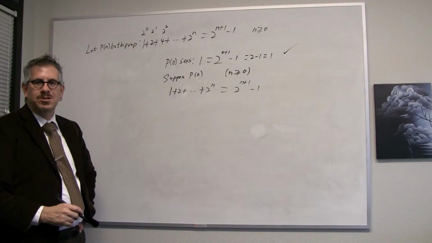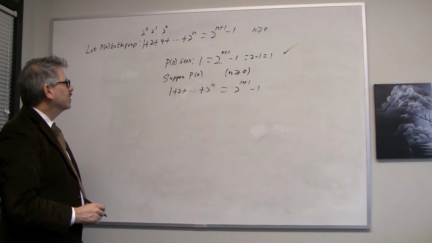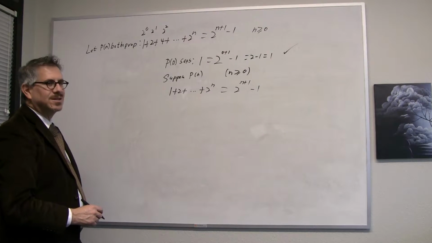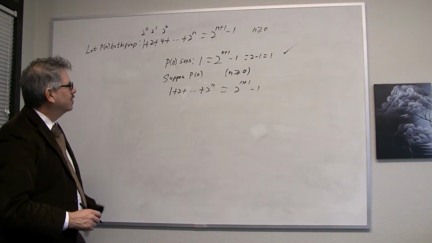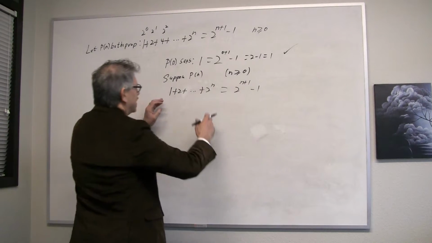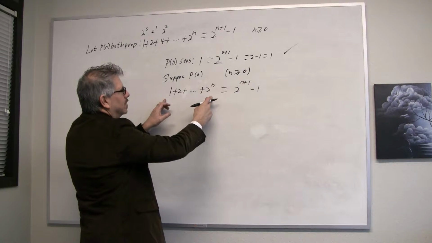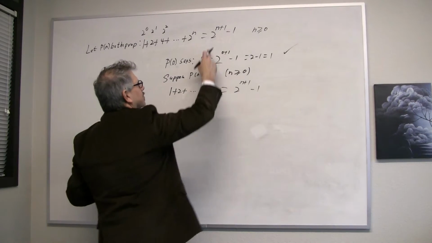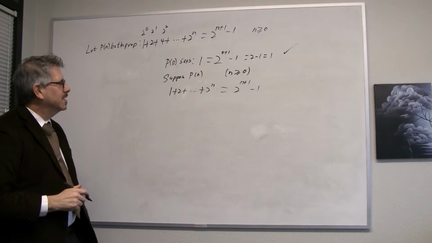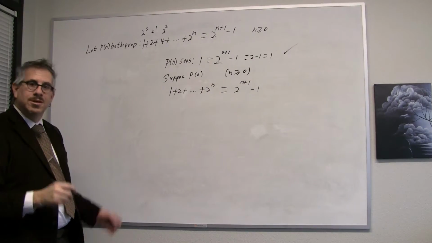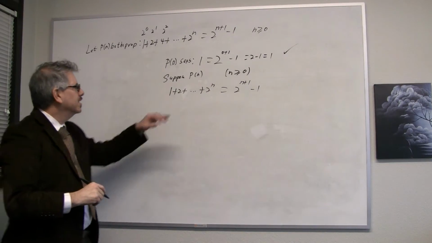And now let's just do some algebra. I'm looking for something that says P of n plus 1 is true, and I know that P of n plus 1 is going to say that this plus an extra 2 to the n plus 1 equals 2 to the n plus 2 minus 1. So let's just add 2 to the n plus 1 to both sides, right? This is equal to this.